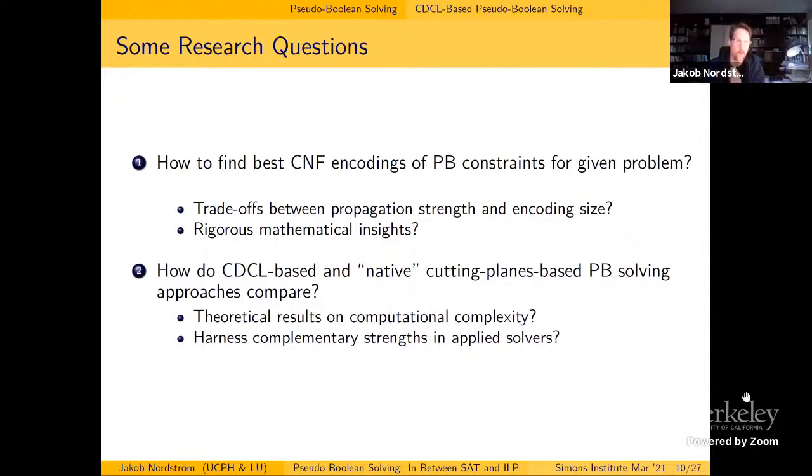For instance, could we somehow pin down how helpful these new auxiliary variables are? This I don't understand. And also, if the CDCL-based approach is sometimes good and the cutting planes-based approach is sometimes good, then why don't we try to build a solver that somehow tries to do both and get the best of both worlds? I think this would be a nice thing to do.